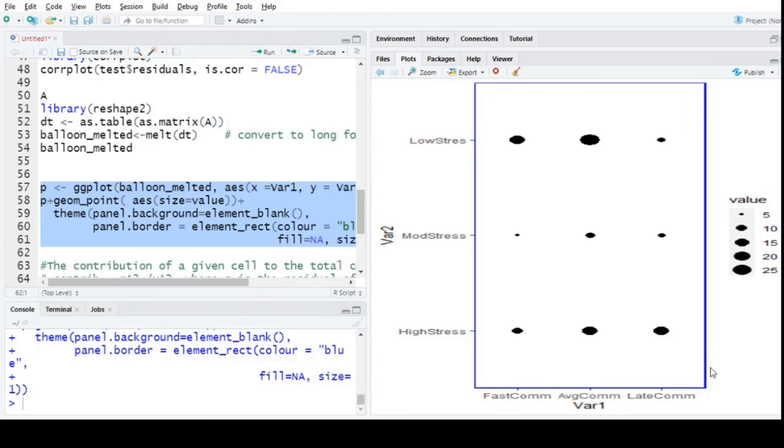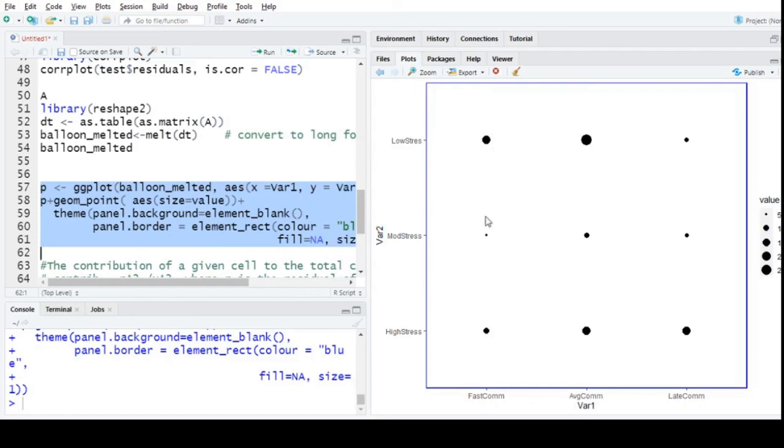Here you can see there are two variables, variable 1 and variable 2, and this is a plot of the observed values, or the observed distribution, which we had in the problem itself initially. You can see the size of the circle represents the value that we have in the observed frequency table, right?